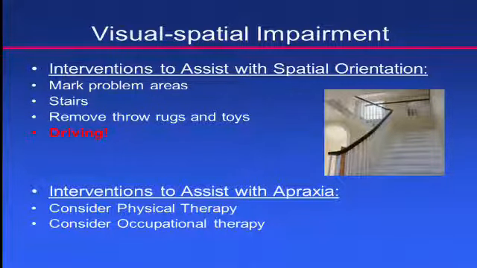Occupational therapists can also order a home evaluation, and they can help you out in terms of how you can rearrange the environment to assist your loved one in managing it easier. And they can give you some tips on what you can do around your home to prevent any falls, prevent any confusion of your loved one, make it easier for them to orient themselves.